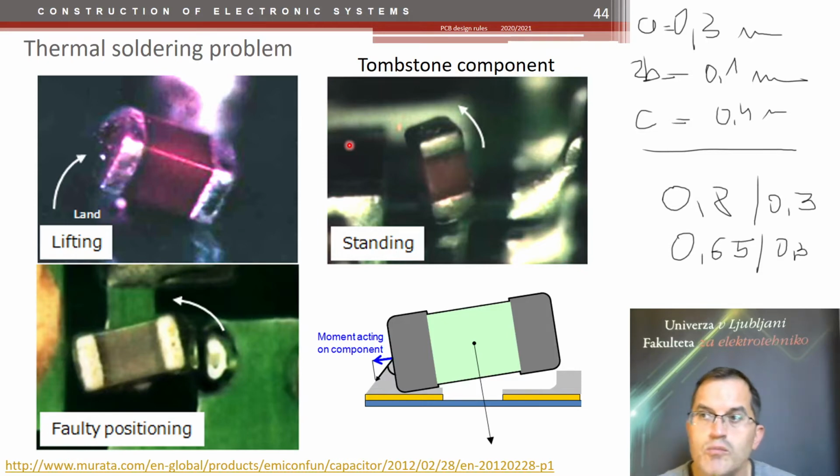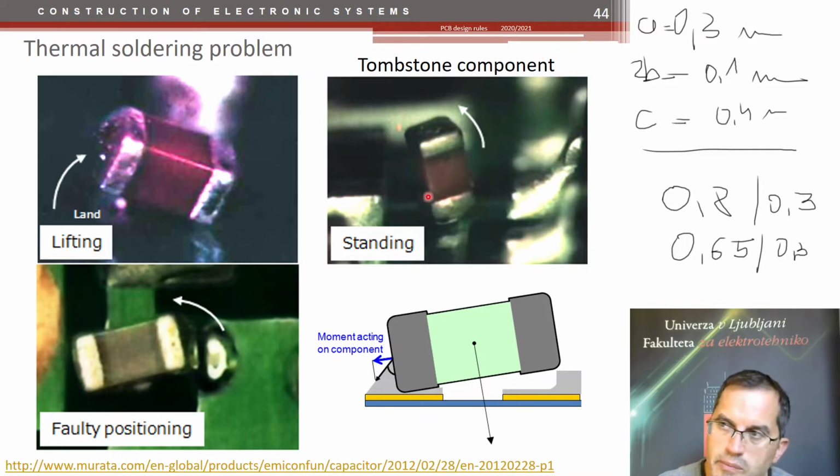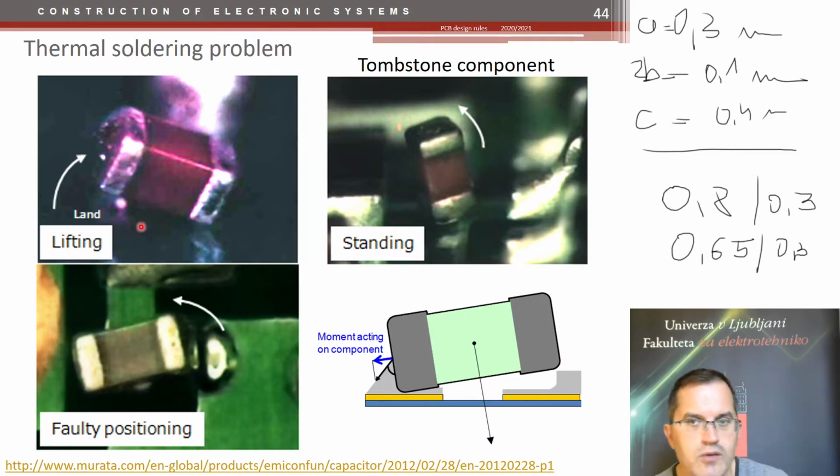And this would then move the component in the wrong direction, in the direction you don't want. You can also get so-called tombstone component, the component that stands vertically because of the melting on one side before the other. Or you can just move the component or lift it a little bit. All that can happen.